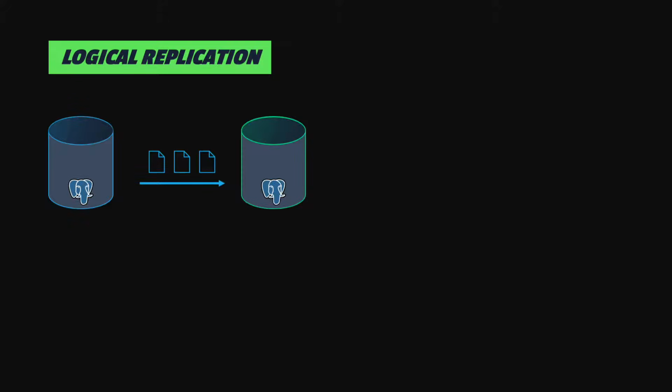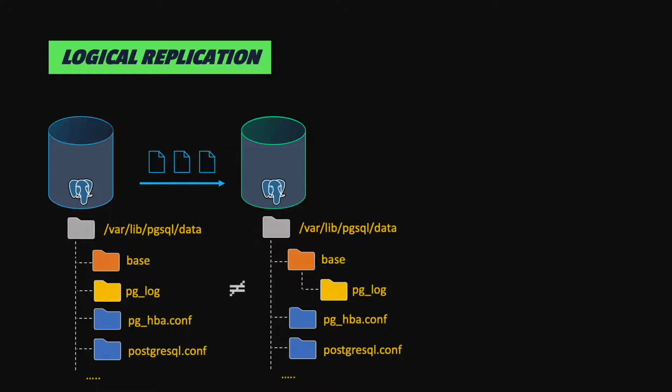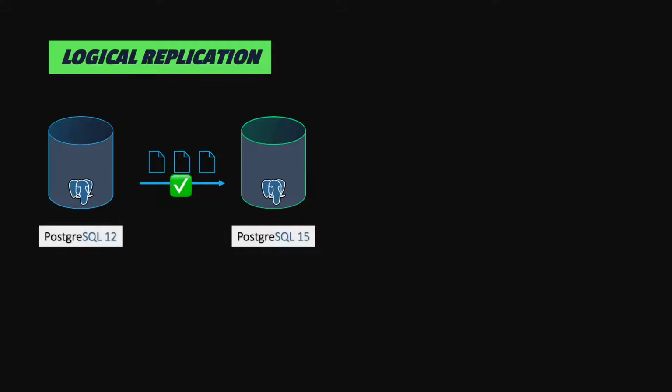In contrast, in logical replication, as the transfer happens at the level of SQL and not the low level of bytes, we can configure the subscriber to have different data structures. As long as the SQL commands can be executed, it will work. Therefore, we can use logical replication to perform migrations and upgrades.